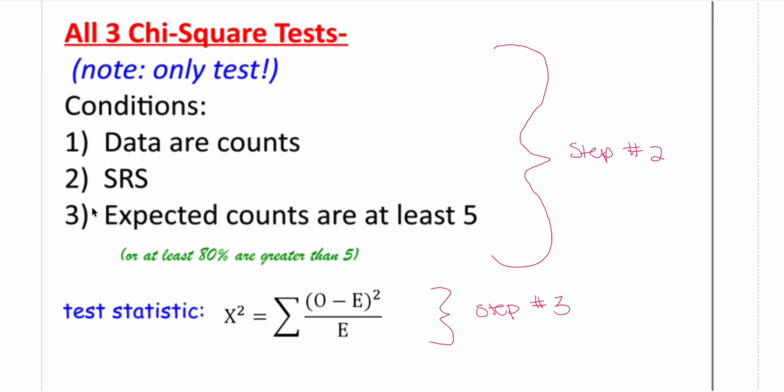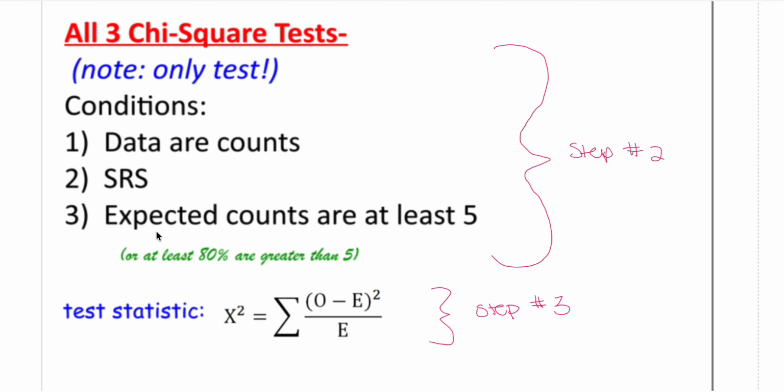So first, let's just do a quick review. All three chi-square tests are only tests, so chi-square doesn't have intervals. The conditions have to be met, and there are three conditions. First one is data are counts, which means the data you're examining cannot be continuous. It can only be categorical variables. Second condition will be this is a simple random sample.